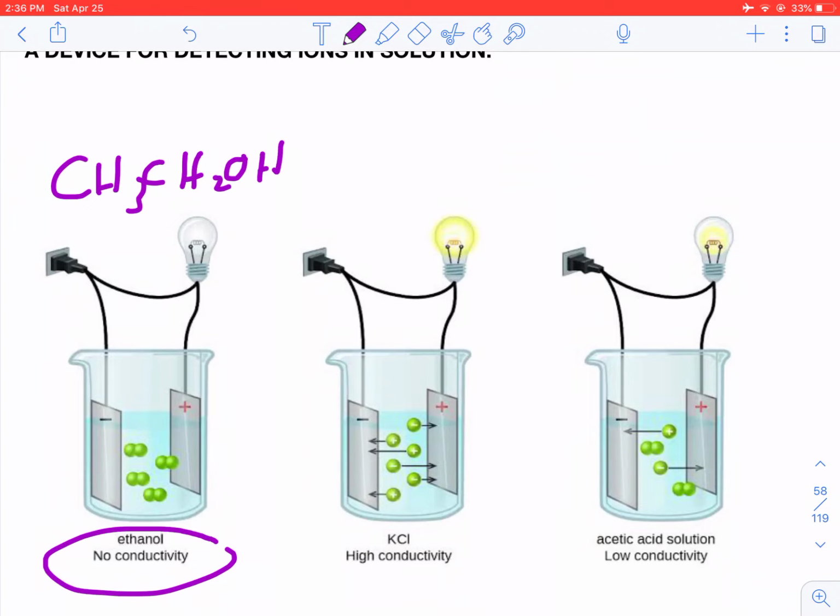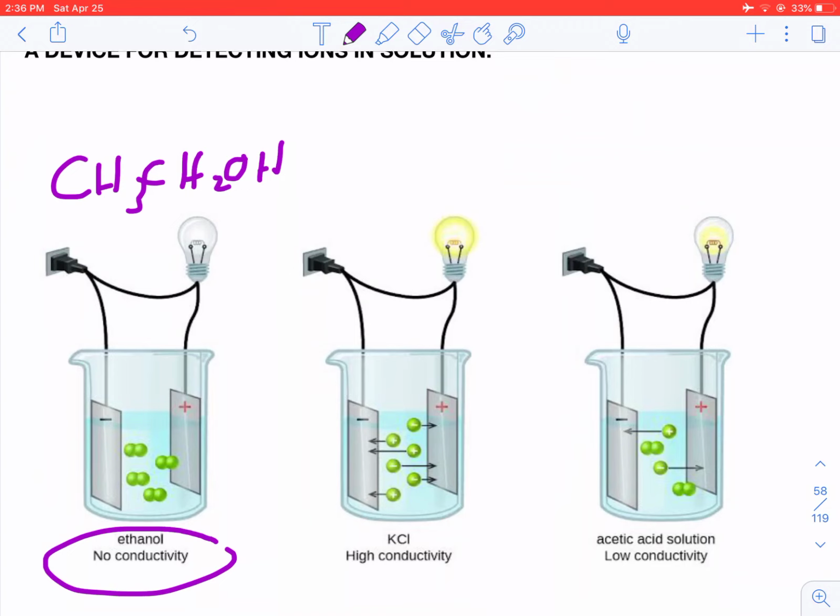So it's a molecular substance, and although the space filling model shows only 2 atoms, what it's illustrating is that we're dealing with a molecular substance.